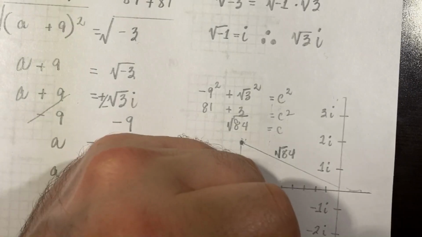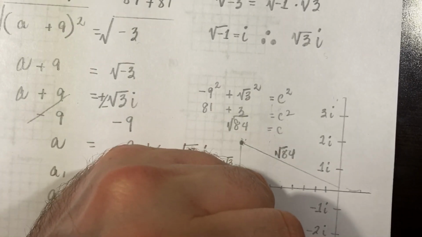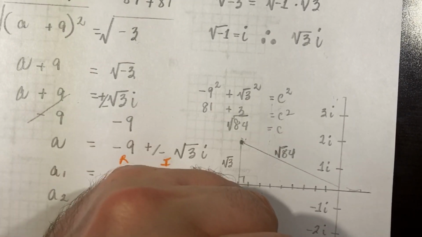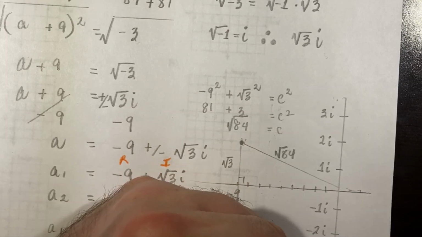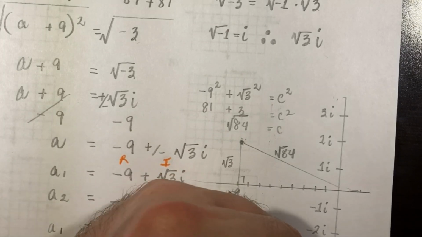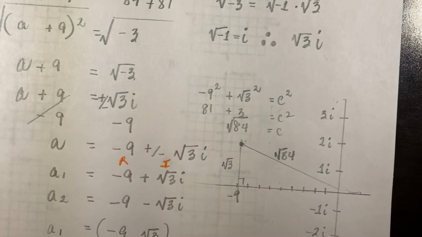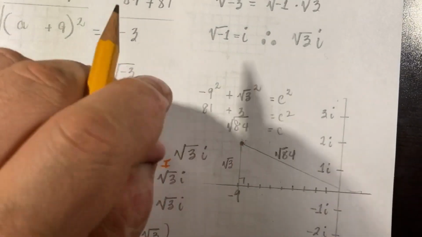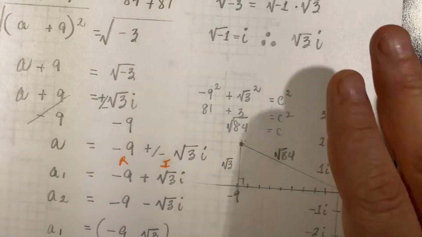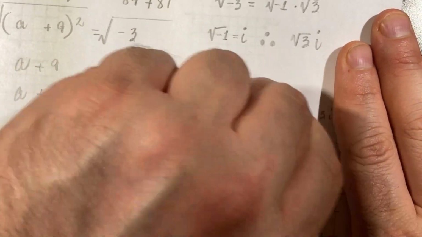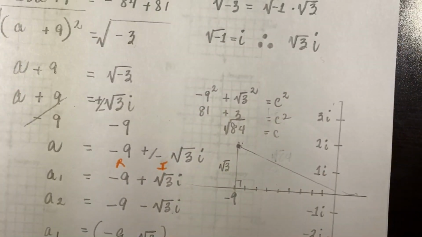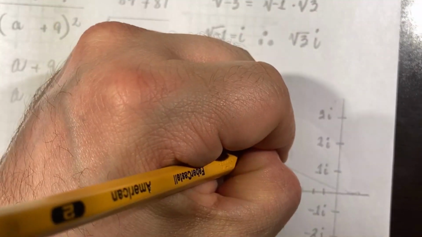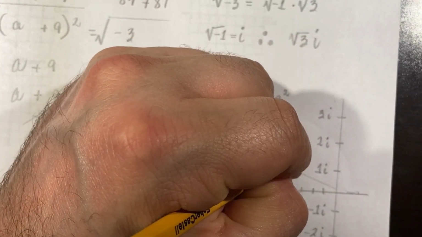So this is the square root of 84. But we can probably break down 84 into 2 times 42, which is 2 times 21, and that's just 3 times 7. So we could rewrite the square root of 84 as 2 square root 21. Okay?